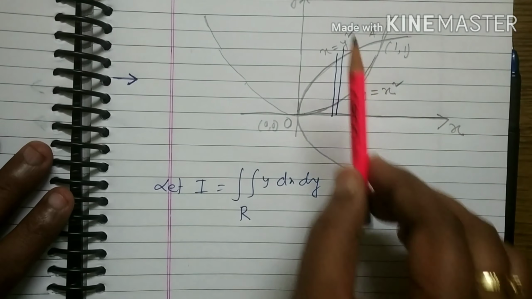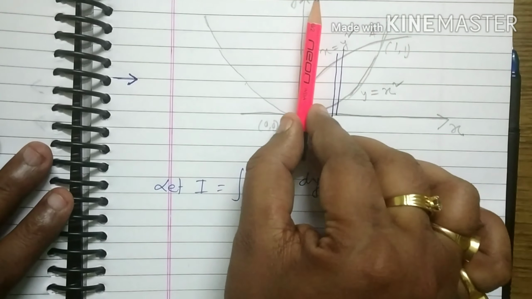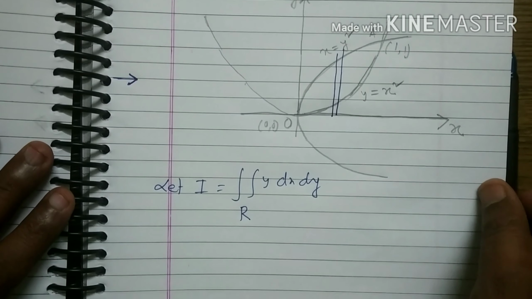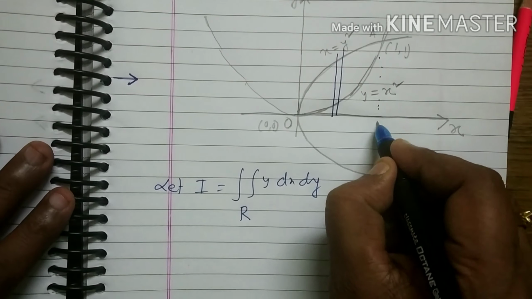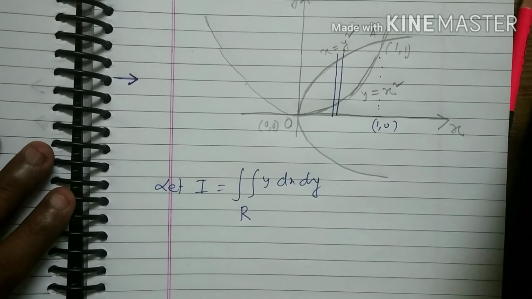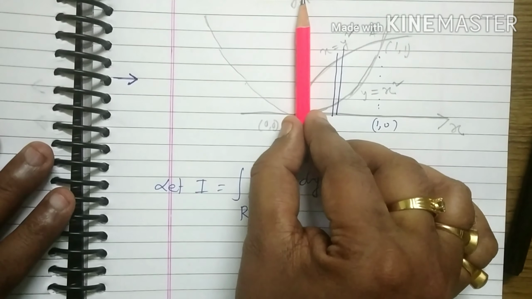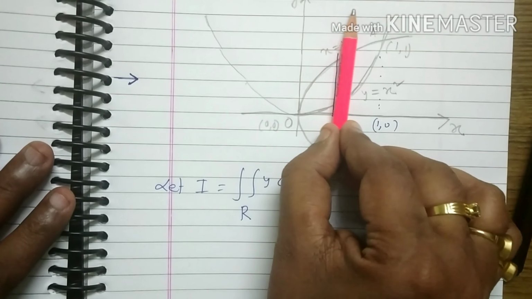Here I am using from left to right. Suppose if I want to start from here, where to stop, it will decide from here. That means that is (1, 0). So if I start the color brush from 0 to this, you can cover all area.